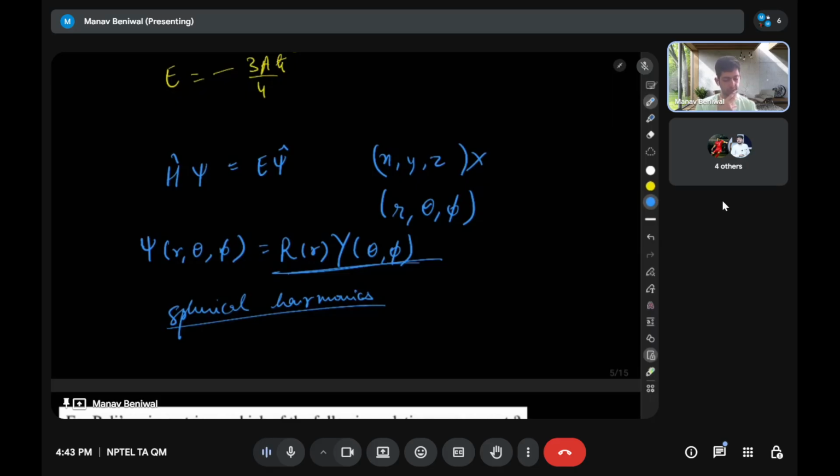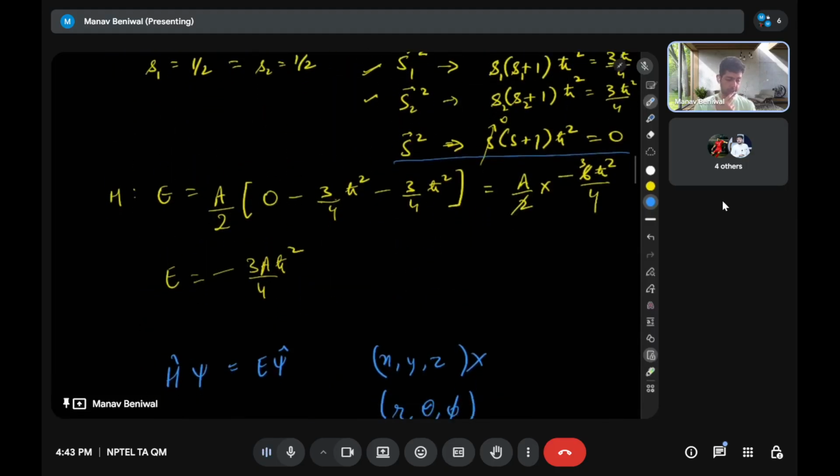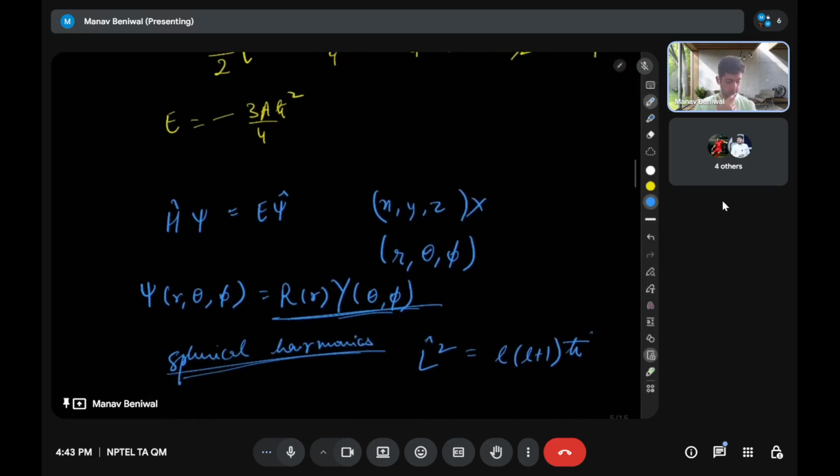Using these spherical harmonics, what you will find is that the eigenvalue of L squared is simply L times L plus 1 h cut squared, just like here. This comes out from a long derivation. Unfortunately there is no short way to derive this right now.